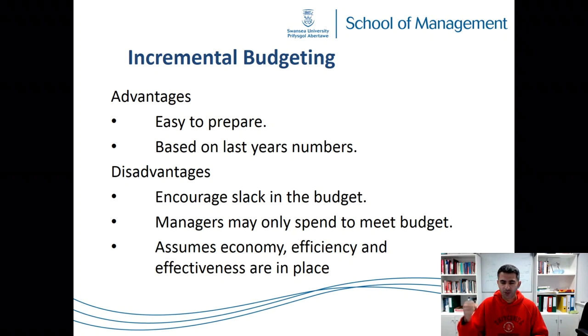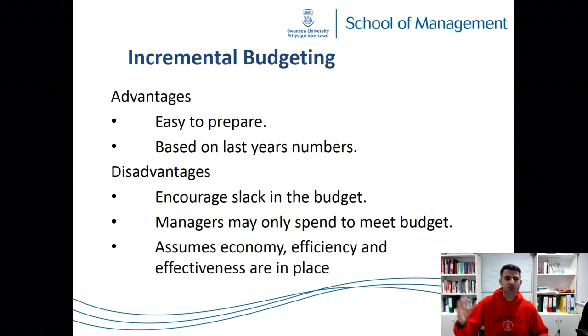We need to spend it, right? But it doesn't have to be spent. Maybe we don't need a £5,000 or £10,000 budget for next year. So again, that's the type of thing where a manager may only spend to meet the budget. Only for the sake of meeting the budget, I'm going to spend £5,000. So throw the money away.